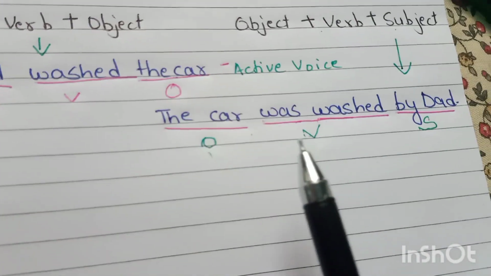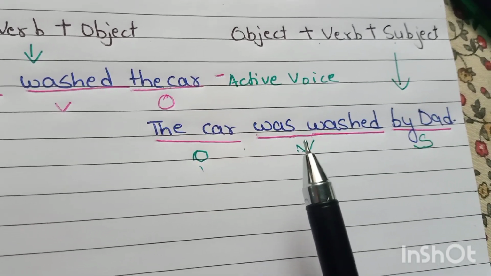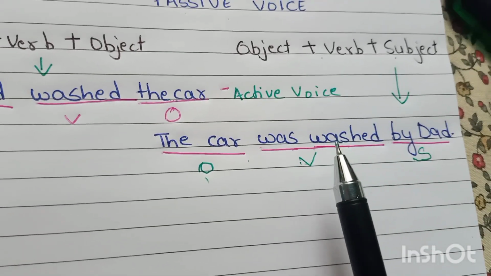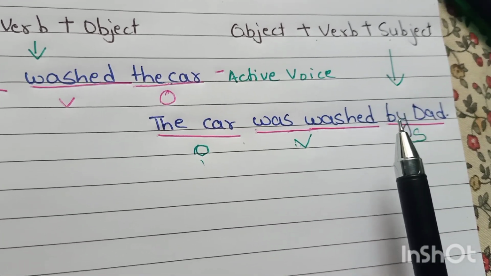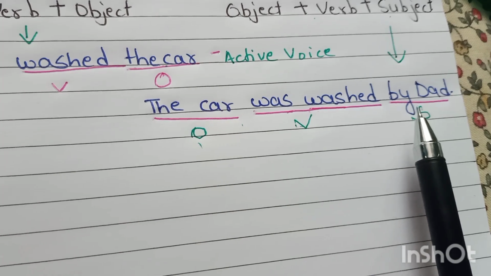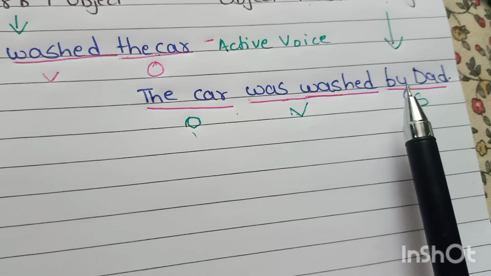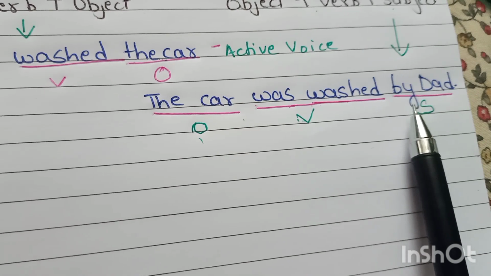Okay, and here, see, in our passive voice, our verb will always have a helping verb in the front, and to show that the action is being performed indirectly by the subject, there will always be the word by in front of our subject.